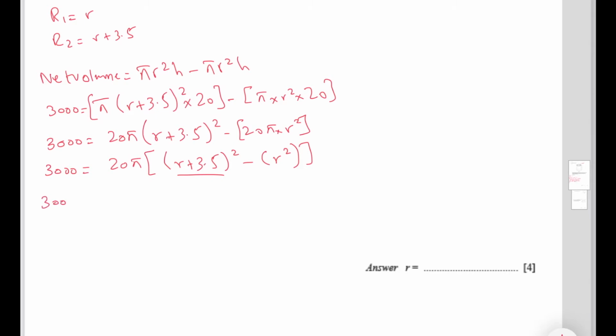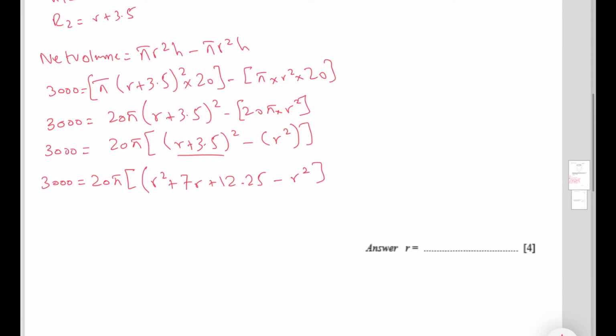So 3000 is equal to 20 pi times, inside the parentheses, r squared plus 7r plus 3.5 squared. 3.5 times 3.5 gives us 12.25, minus r squared. This is what we are left with.